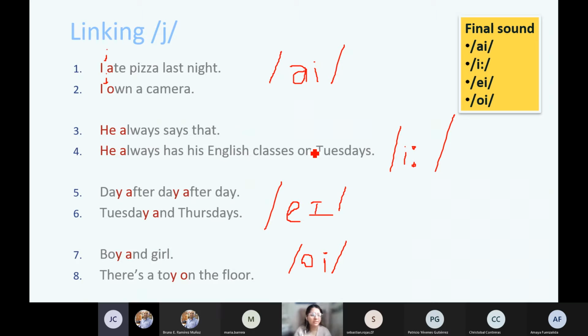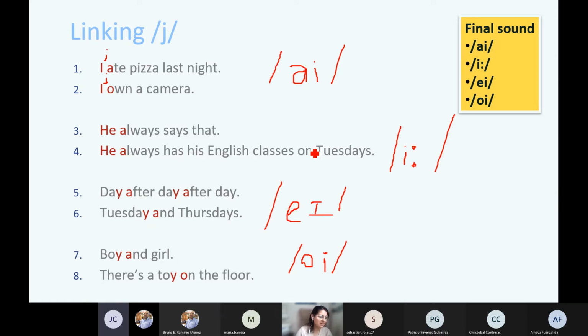But when we slow down the pace, we can hear "day after day," with the "yeah" sound. So it's not "day after day," we say "day after day." And for this one, "Tuesday and Thursday."